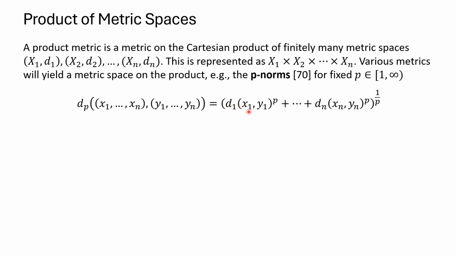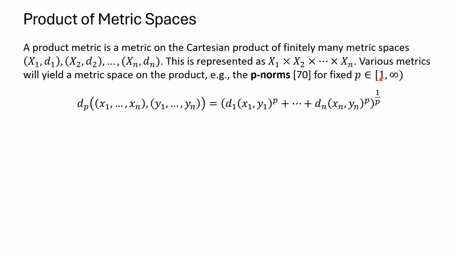So we use the first metric to get the distance between x1 and y1, and we raise that to the p power, and then we do the same for x2 and y2, and so on all the way down to xn, in each case using the metric between the elements of the given metric space. We raise it to the p power, and then we add these together, and then raise the whole thing to 1 over p.